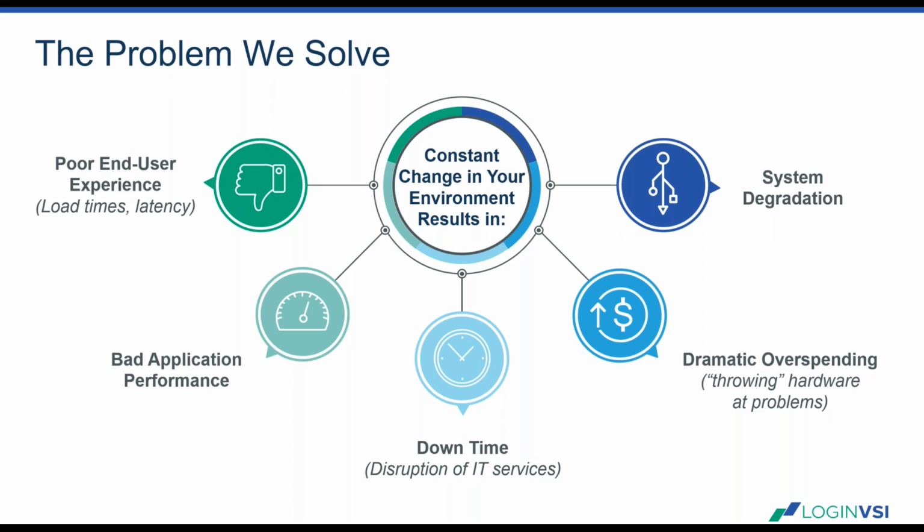We've had a number of customers that will have a vendor spec out a particular architecture or build for a certain number of users based on, say, a reference architecture, that ends up not getting them to that point. We've had several customers that got a lot less, and the classic answer to fixing that problem is just throw more hardware at it. Well, that may not always be the case, or the solution, I should say.